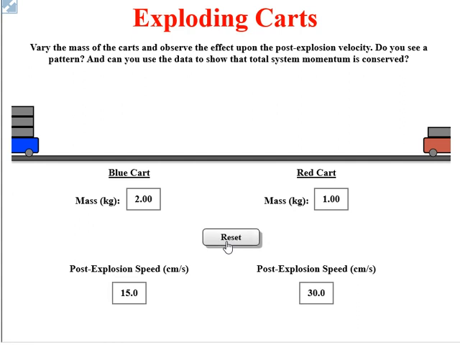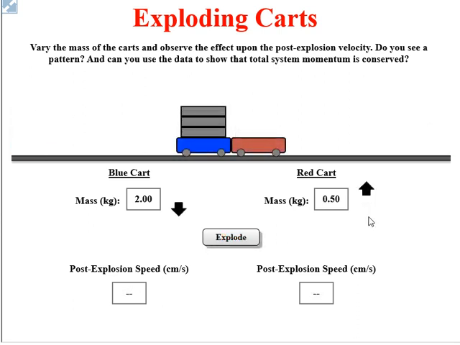It's got to be going twice as quickly, because its mass is only half of the mass of the blue cart. So let's look at the momentum again. 2 multiplied by 15 gives 30. 1 multiplied by 30 gives 30. So remember, the red one's going to be minus 30. The blue one's plus 30. They add up to 0.